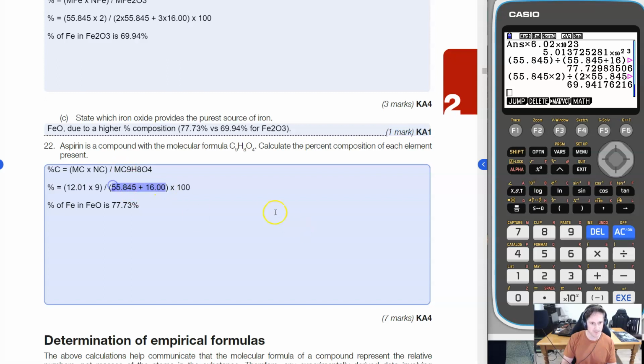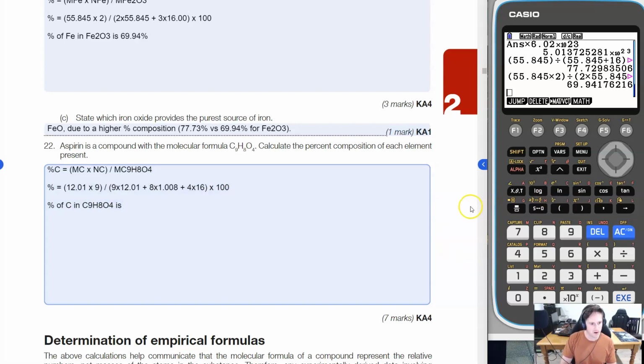So that's going to be 9 times 12.01 plus 8 times 1.008, which is the molar mass of hydrogen, plus 4 times by 16, which is the molar mass of oxygen. And then times 100 is always going to be there. So this is going to be the percentage of carbon in the aspirin.